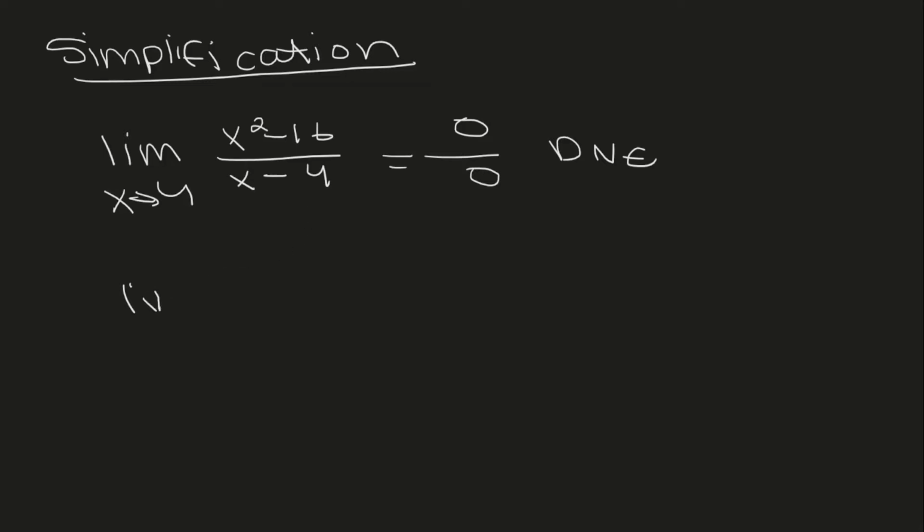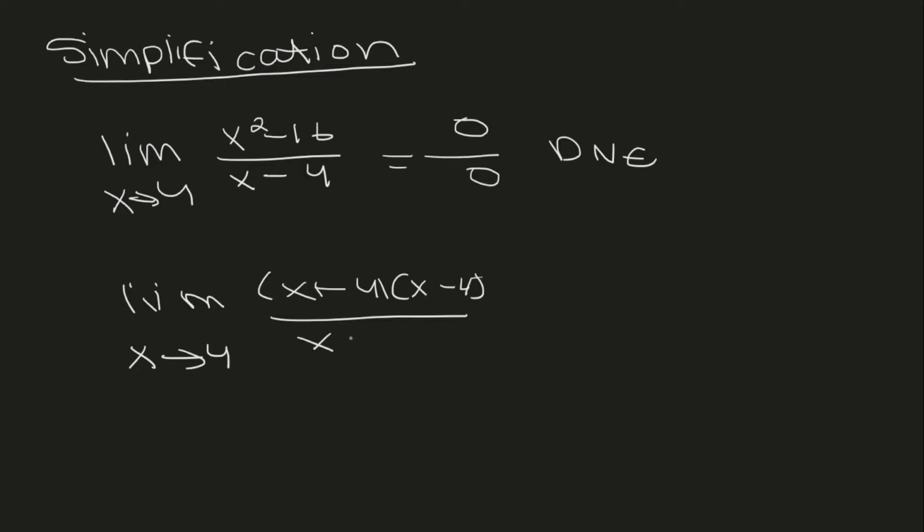So we would take the limit as x approaches 4, and we would factor this into x plus 4 times x minus 4, all over x minus 4. Now, as you can see, x minus 4 and x minus 4 cancel out, which leaves you with the limit as x approaches 4 of x plus 4.